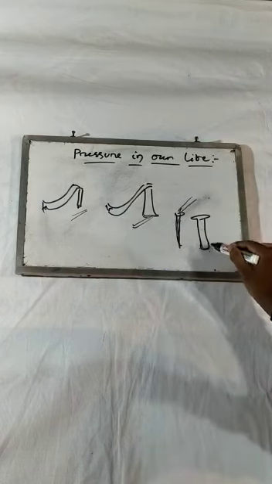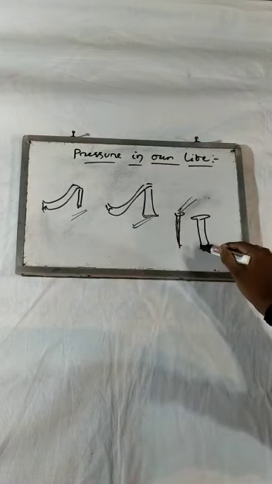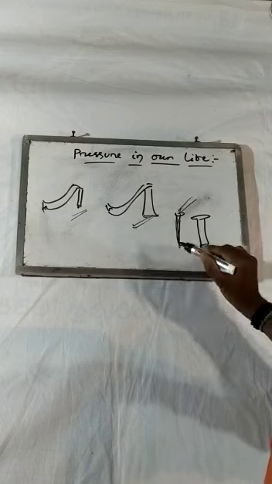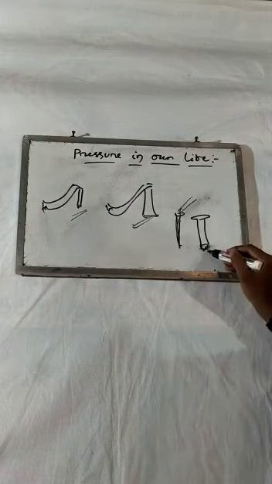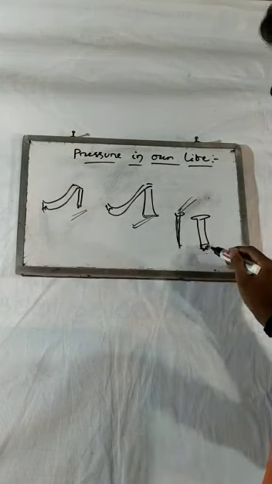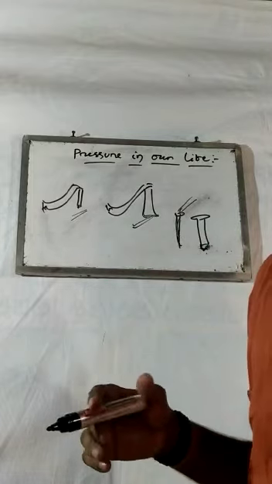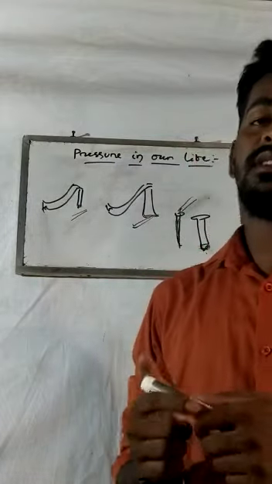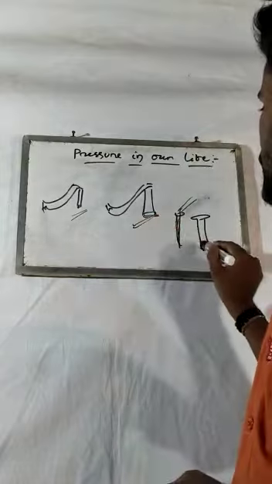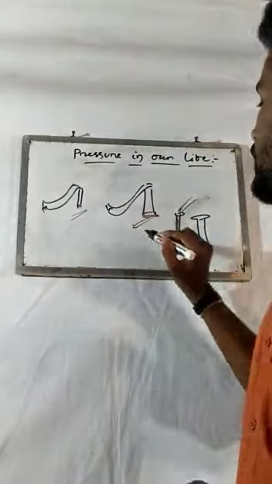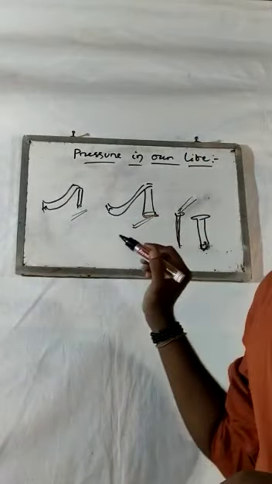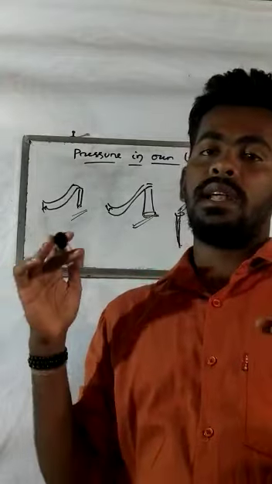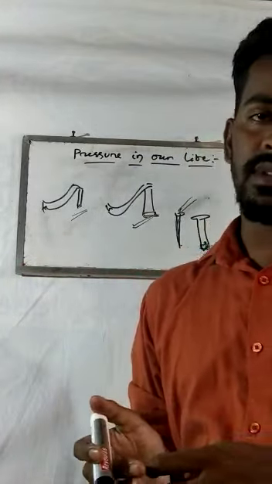But if the pin has no point and only a flat surface, it is not easy to enter the wall. So in these examples, pressure is not created on the flat surface, but on the pointed one pressure is created, so it will enter other surfaces easily.